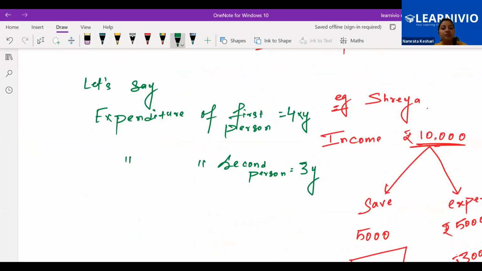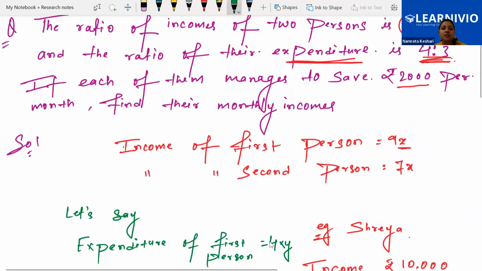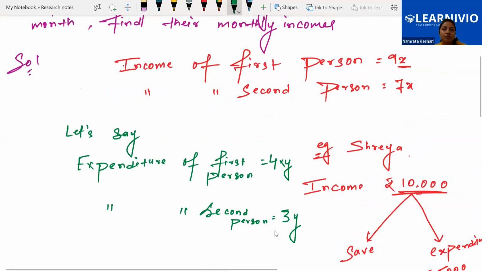Here in the example, when income was given in number and expenditure was given in number, we were finding the saving by doing the subtraction. So here also we will be doing the subtraction only. We can say income minus expenditure is saving. Obviously, what we can do with the money? Either we can spend it or we can save it. That's it.